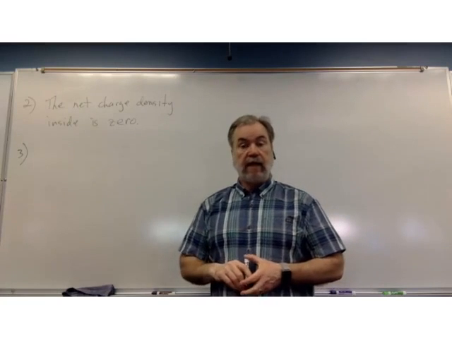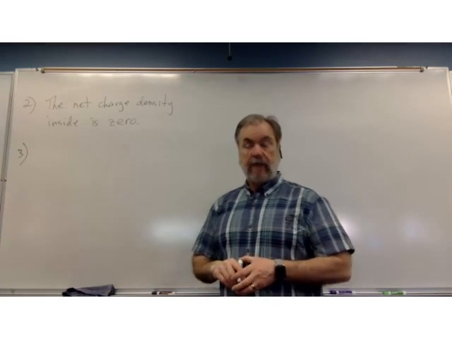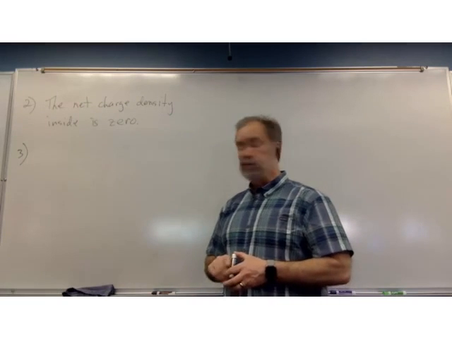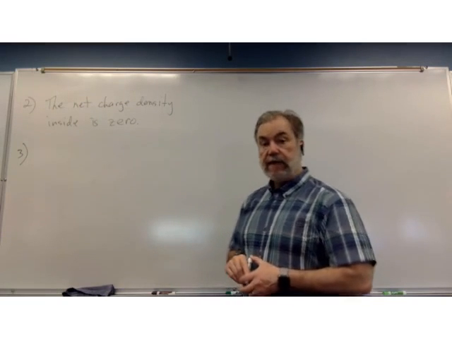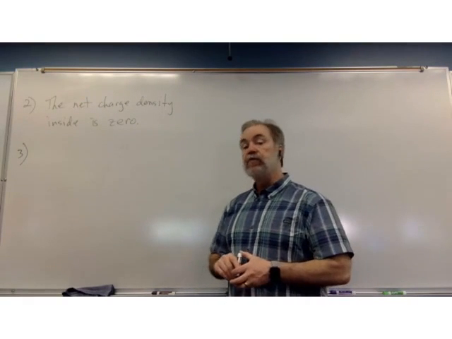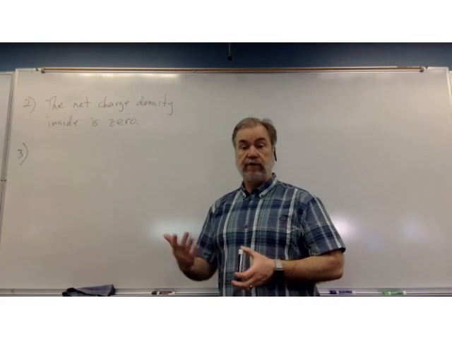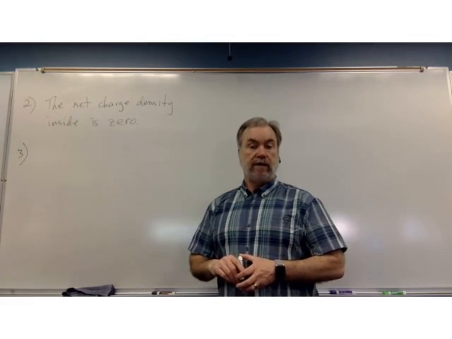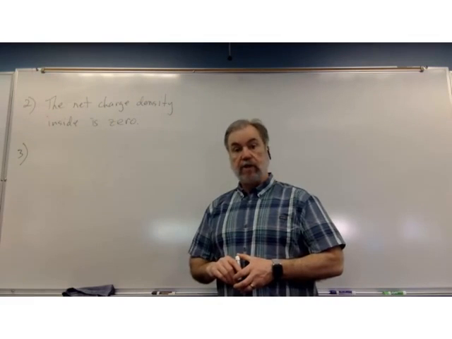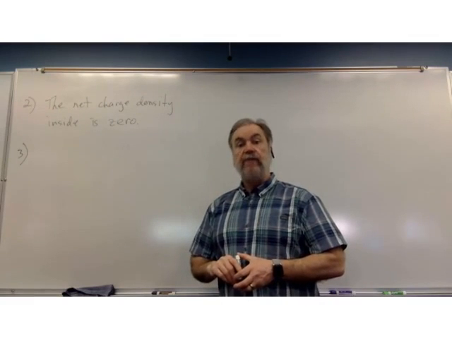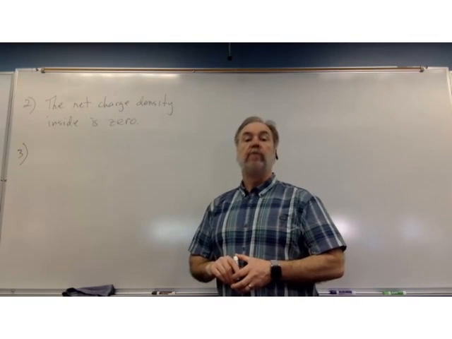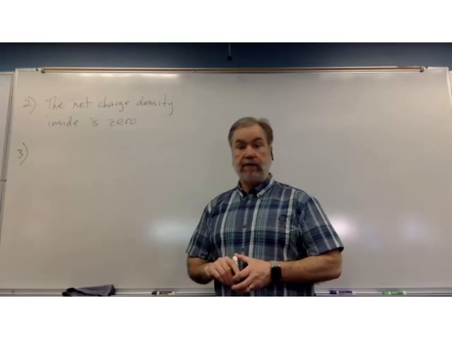I could unbalance the charge. And if I do, then we end up with a net charge on the conductor. And if we artificially cause an imbalance on the charge of the conductor, then that net charge will reside on the surface of the conductor.